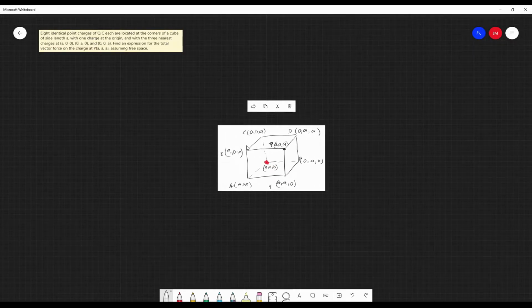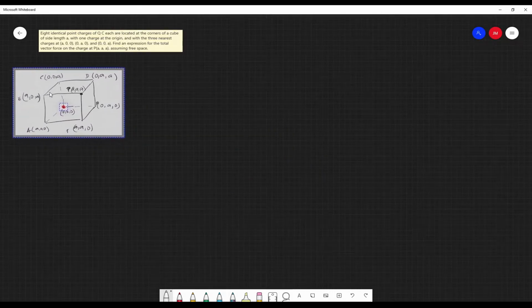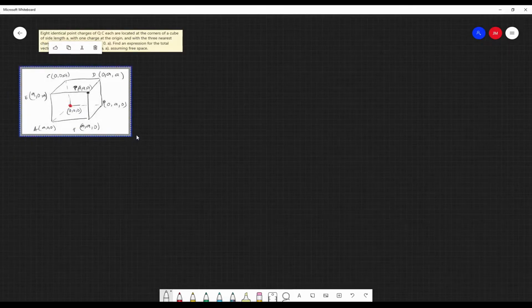I've already drawn a cube. Not really a great artist, but here it is. I've already plotted out the coordinates of the locations of the other charges. It's actually quite easy because each of them just have a side length of a.